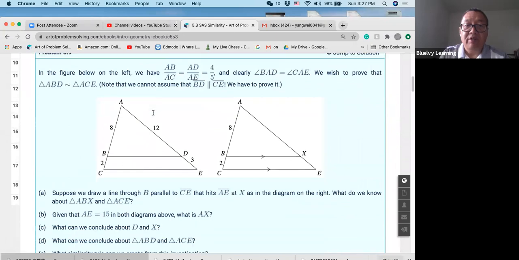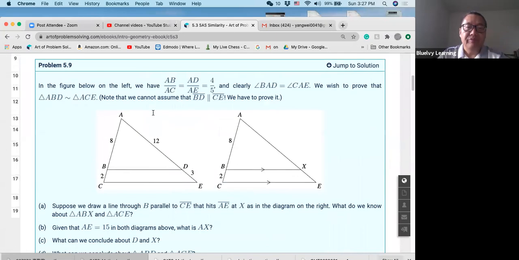In this one, say we have AB over AC equals AD over AE equals 4/5. And clearly the angle BAD equals angle CAE, this angle is shared.